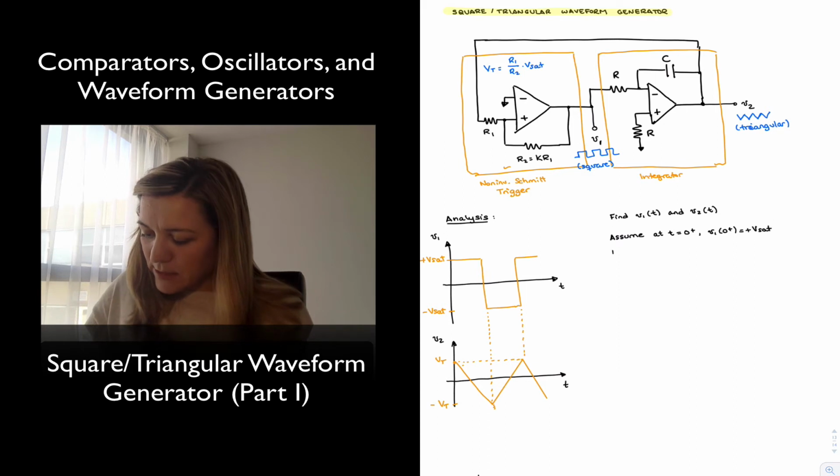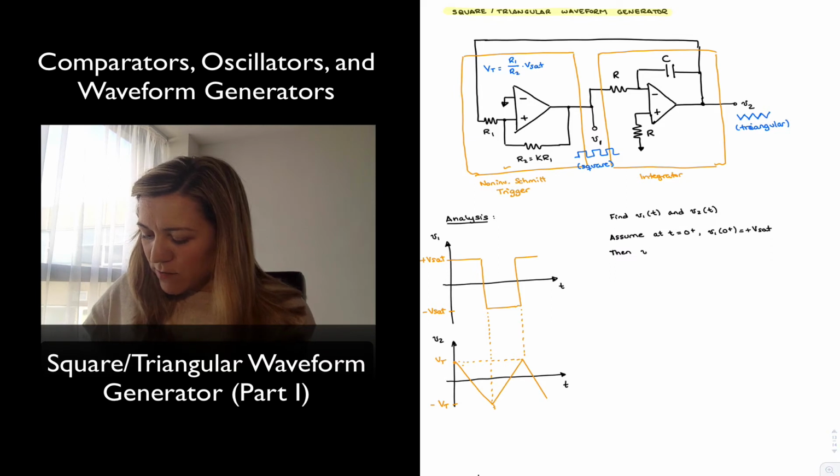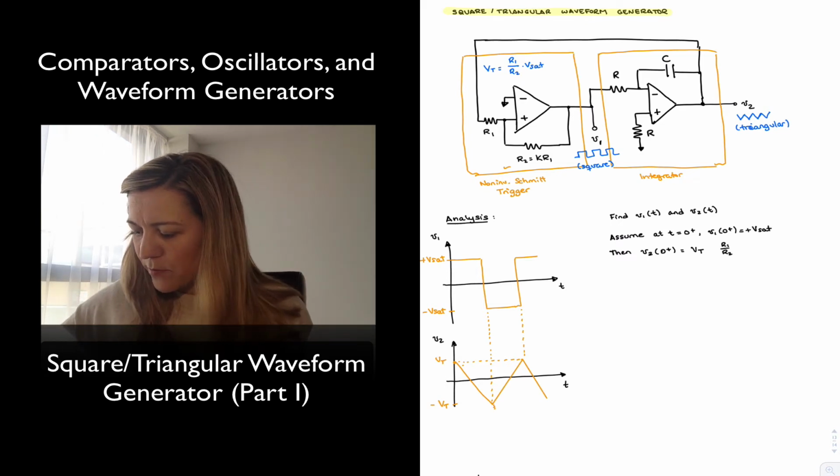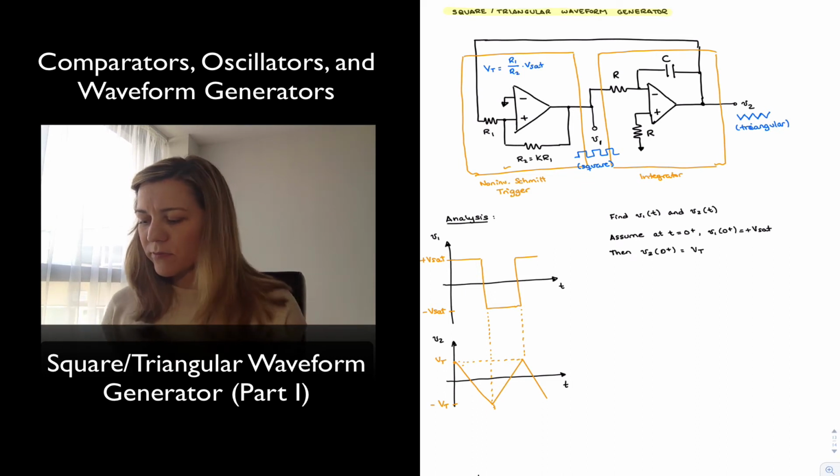If that is the case, then V2 at 0 plus is going to be equal to positive Vt, which, as we have said, is going to be equal to R1 over R2 times Vsat. But for now, let's just work with Vt to keep things simple. We can do the substitutions later on.